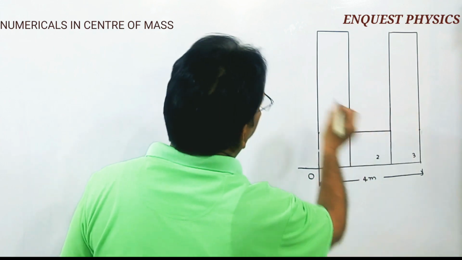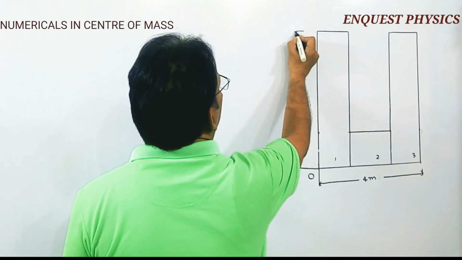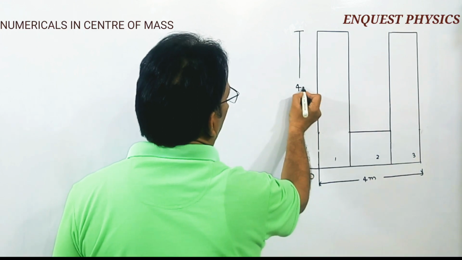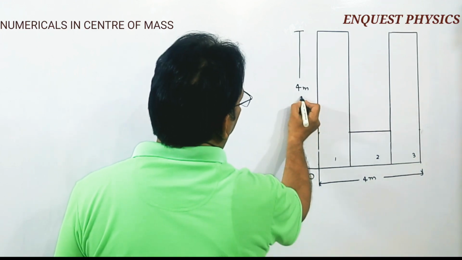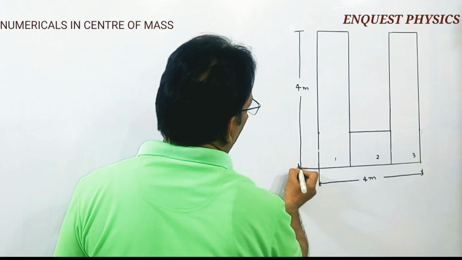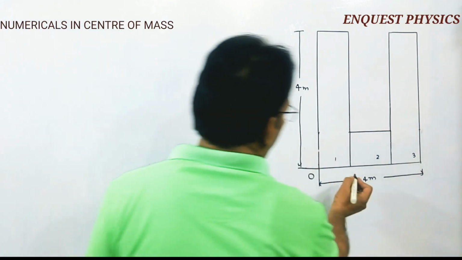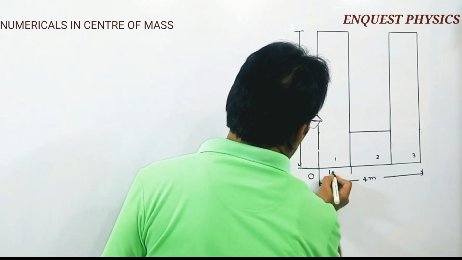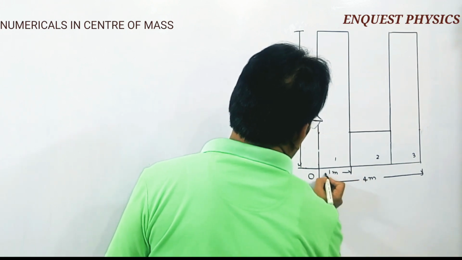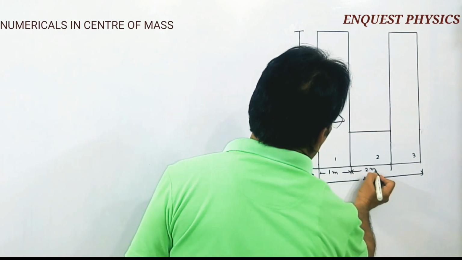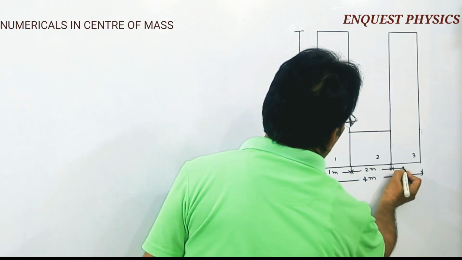And similarly, say it is the same, it is 4 meter. Maybe they look weird, and say this length is 1 meter and it is 2 meter and it is 1 meter.